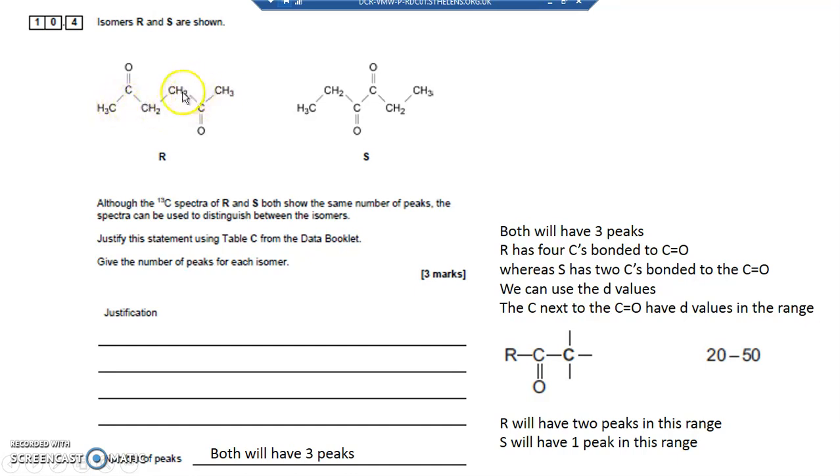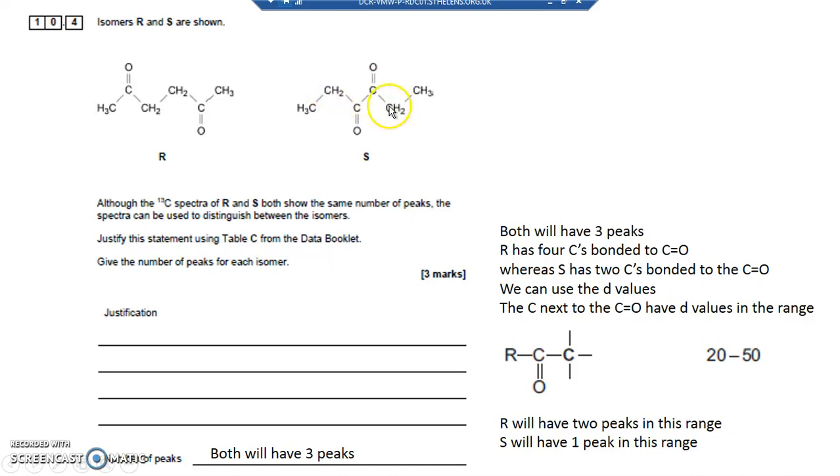So we've only got 2 peaks out of the 4, but both of those peaks will be in the range 20 to 50, because all of those carbons, the 2 methyl groups, which are equivalent and have carbons in the same environment, give 1 peak, and both of those are bonded to a C with an O, so they'll be in this range. And the 2 CH2s will give a single peak, they're equivalent, and they will give a peak in this range as well, because they're bonded to a CO. So this one gives 2 peaks in the range 20 to 50, whereas this one only has the 2 CH2s bonded to COs.